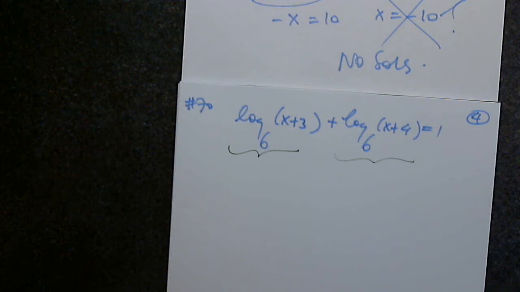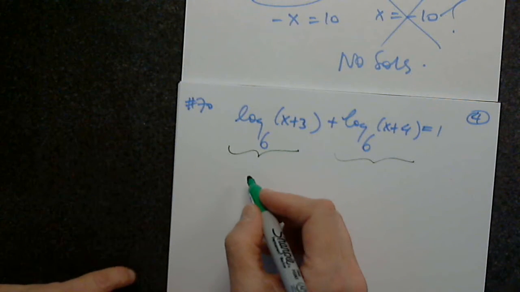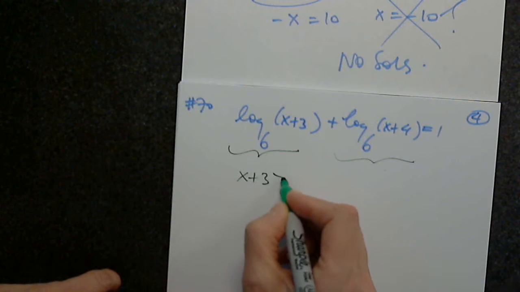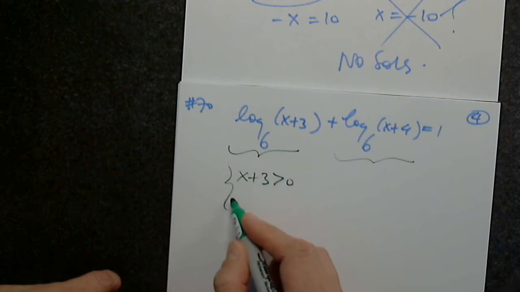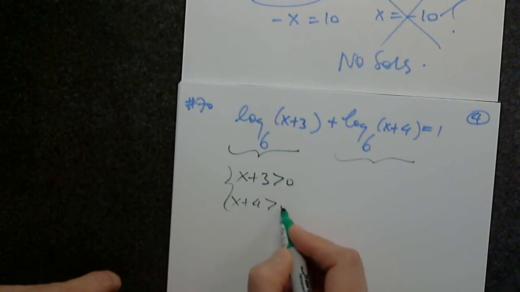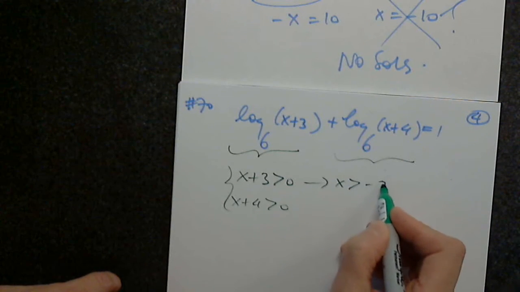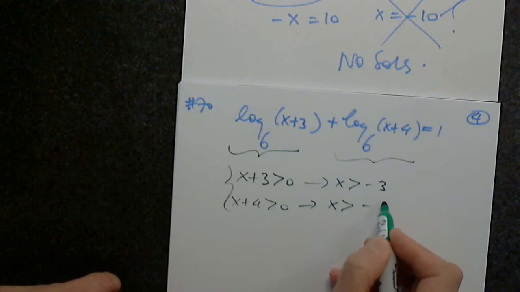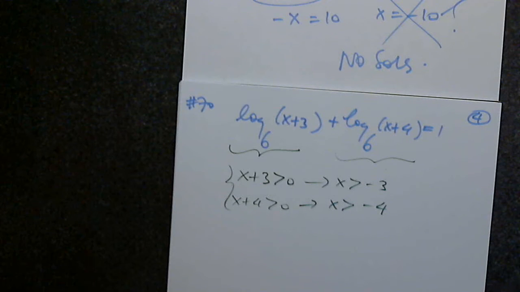So then, what do I have to write for the first one to exist? For the second one to exist. This one says greater than negative 3. This one says greater than negative 4. So let's do this together. Here is negative 3, and here's negative 4.